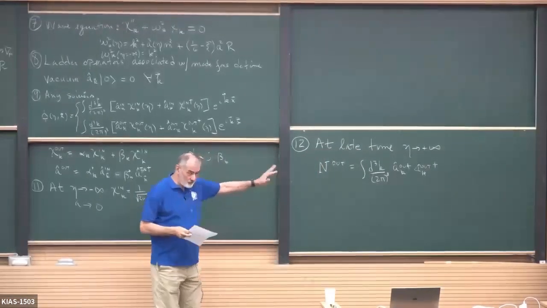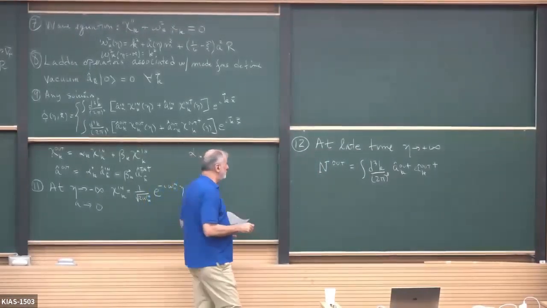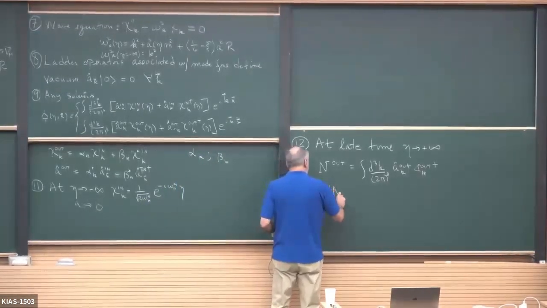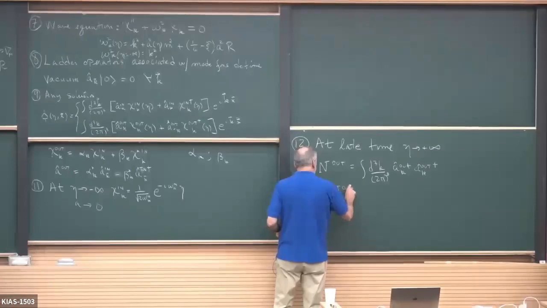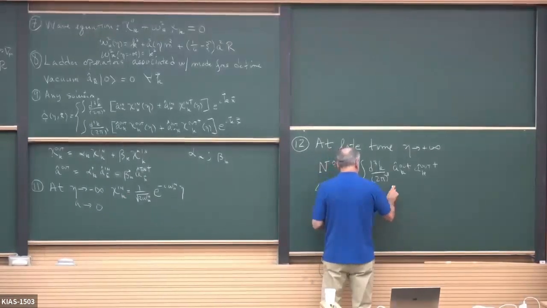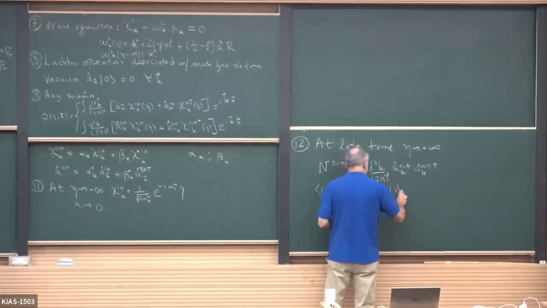So this is how you usually define the number operator. That is the number operator. So n out in the vacuum is a volume factor.